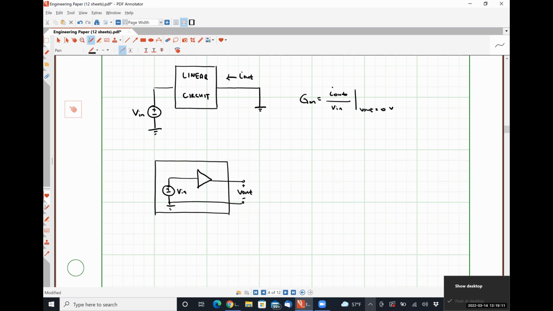We can replace that network inside the black box with a Norton equivalent circuit because it's a two-terminal linear network.